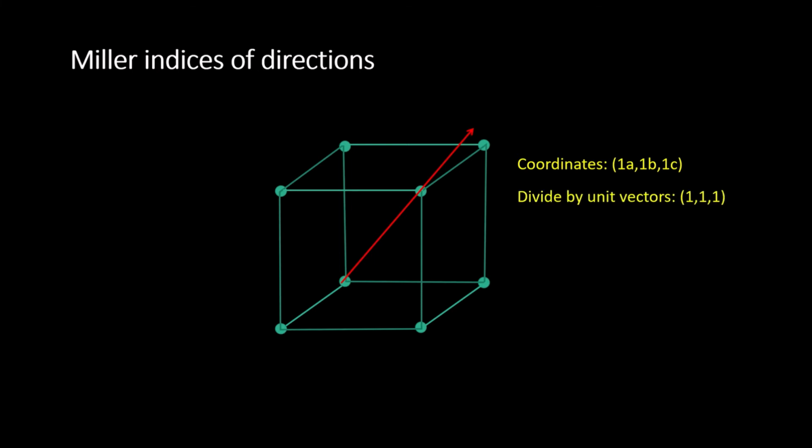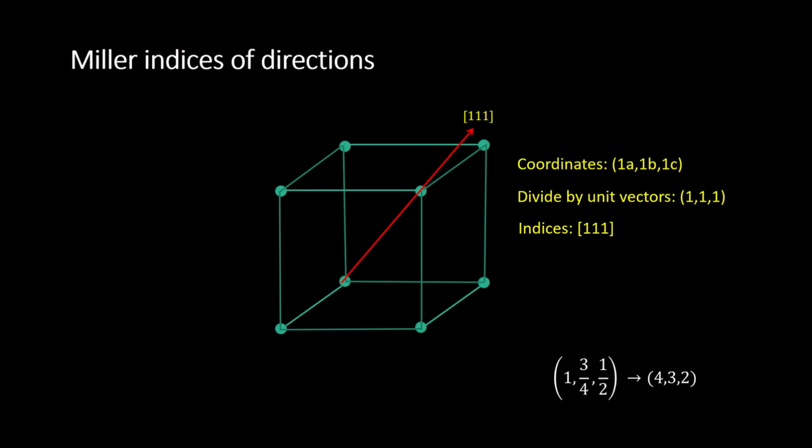Next, we divide the coordinates by appropriate unit translations. Then put the resulting integers in a set of square brackets [HKL] to get the required indices of it and all parallel directions. However, if fractions result when we divide the coordinates by a lattice constant, then you have to multiply each of them by the smallest common divisor.